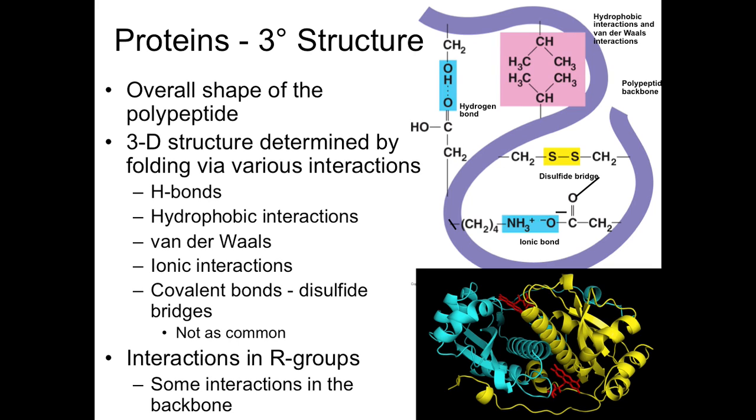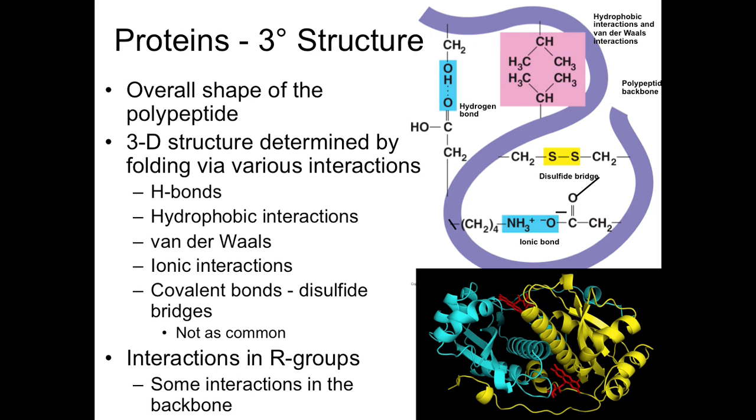That's a little bit more rare and usually happens in secretory proteins, proteins that are going to be excreted outside of the cell. You get these disulfide bridges, and that's going to make it so that even when the protein goes into an uncontrolled environment, it will still retain its proper configuration.